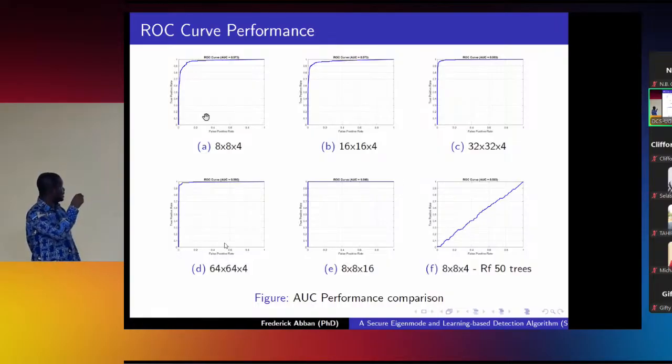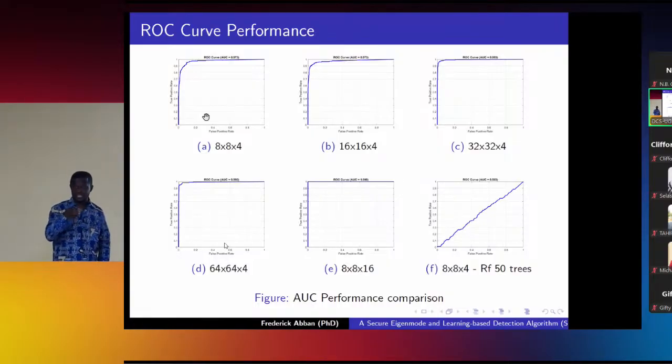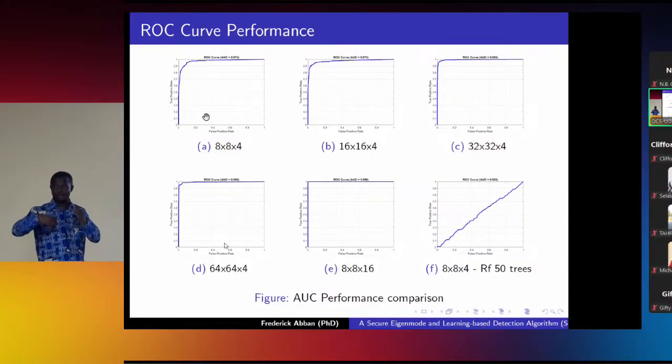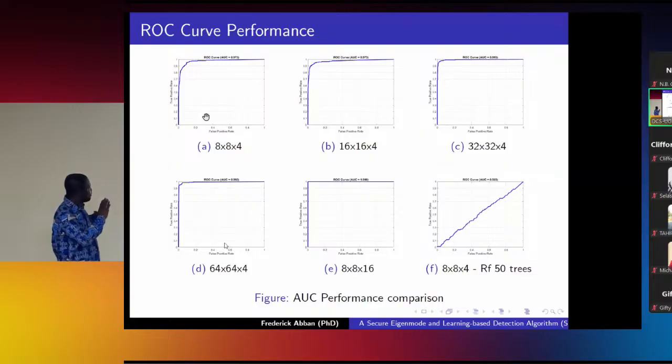And 16 by 16 by 4, we also did the same, 16 transmitters. Because we are working in MIMO space, we change the number of transmitters and receivers for multiple inputs and multiple outputs. Now, they all performed very well, falling between 0.91 and 0.99.